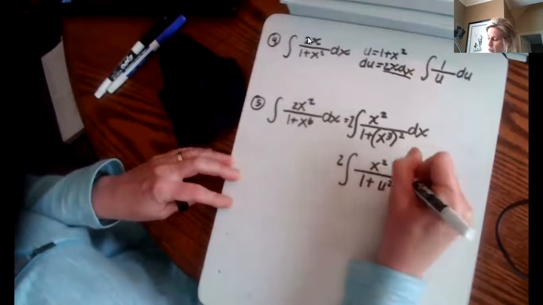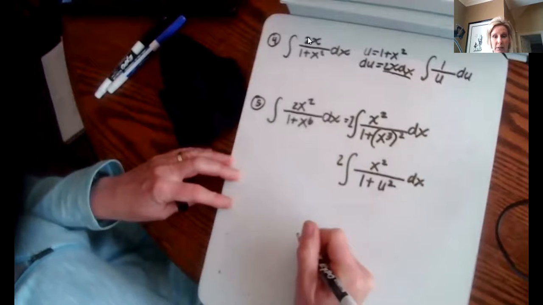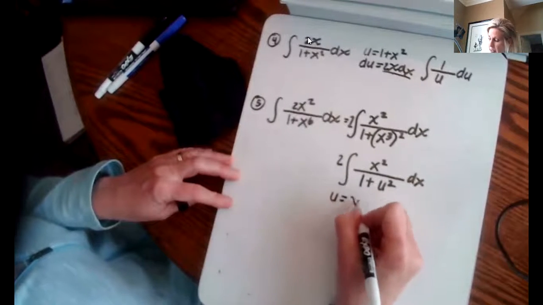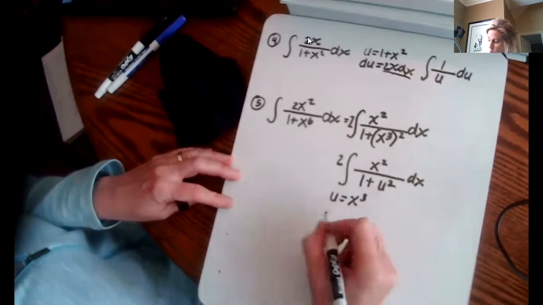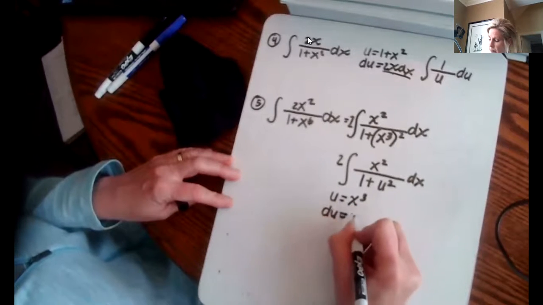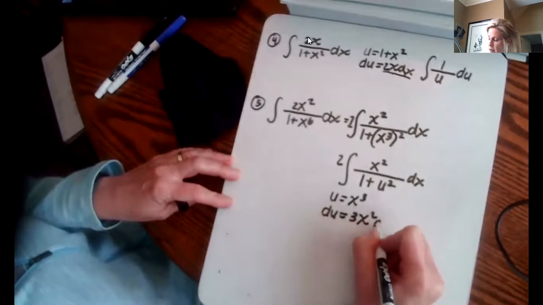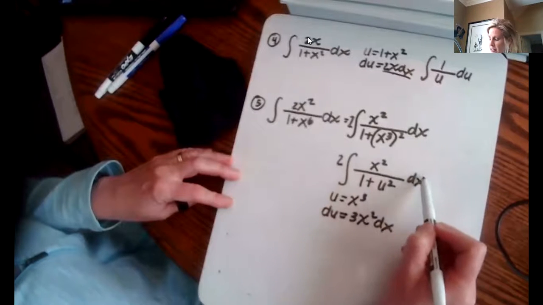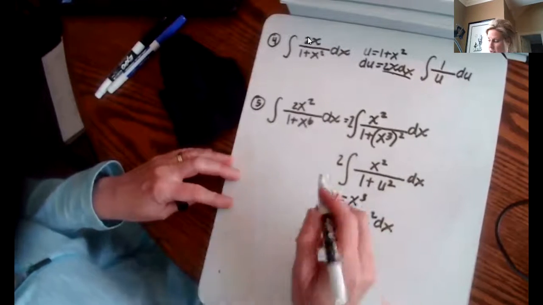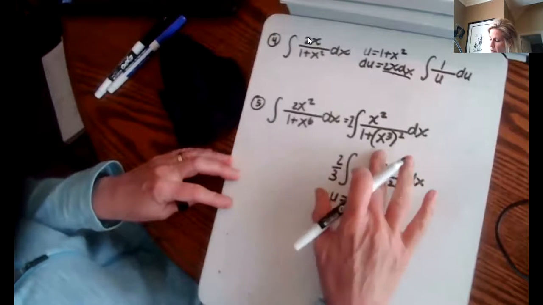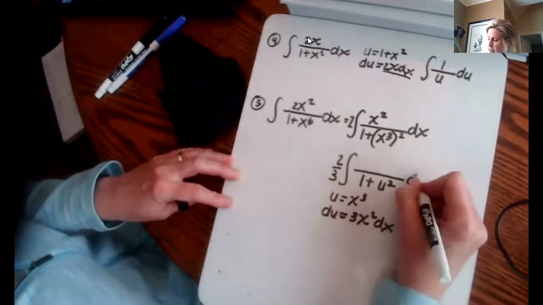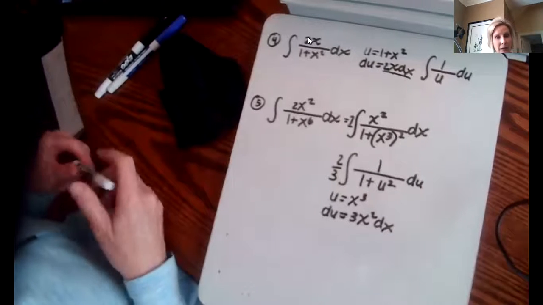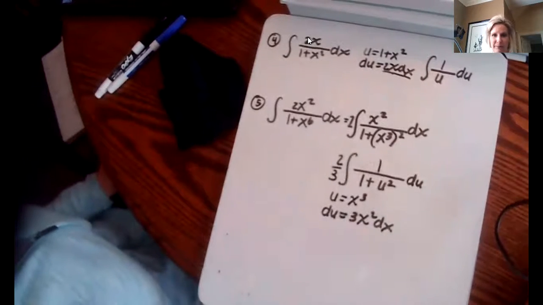And then I still need to do something with the x squared dx. Well, I could do this if I let u be x cubed. Well, what is du then? It will be 3x squared dx. Okay. So the x squared dx becomes 1/3 du. So again, we are back in our arc tangent structure.